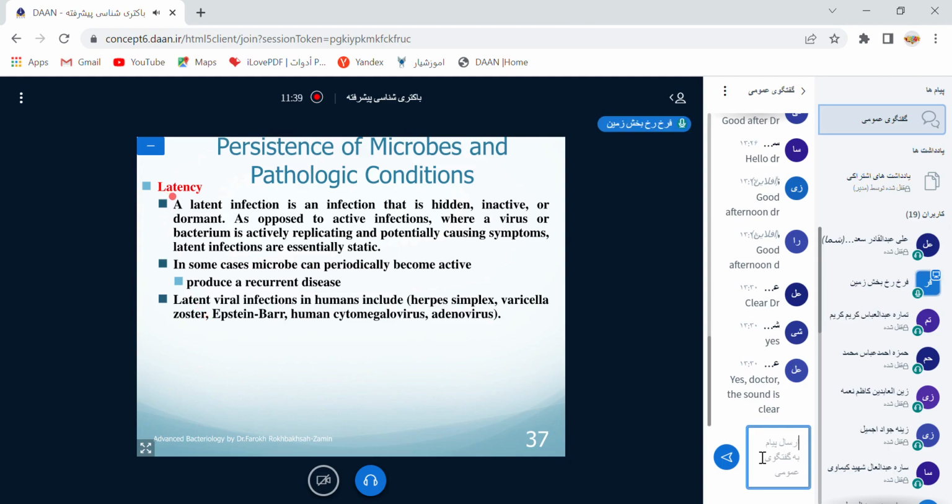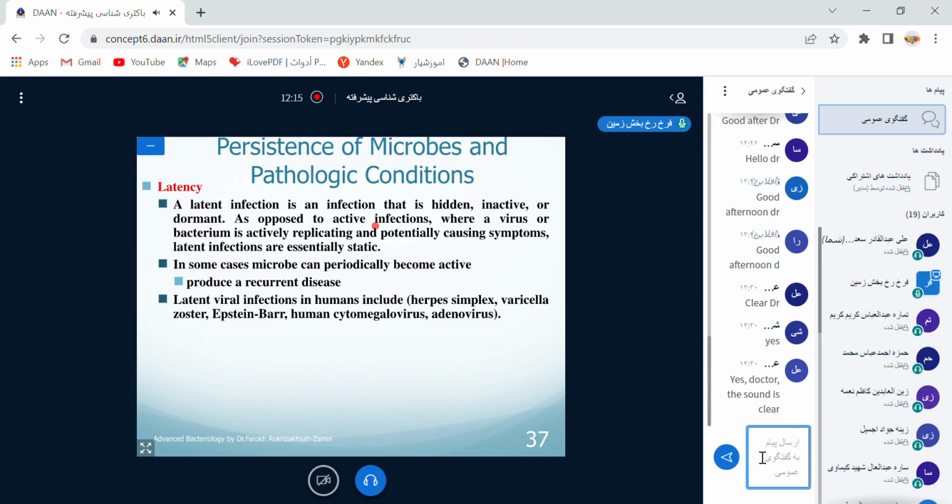Sometimes when we talk about any infection, we use the definition latency, or latent infection. A latent infection is an infection that is hidden, inactive, or dormant, as opposed to active infection.